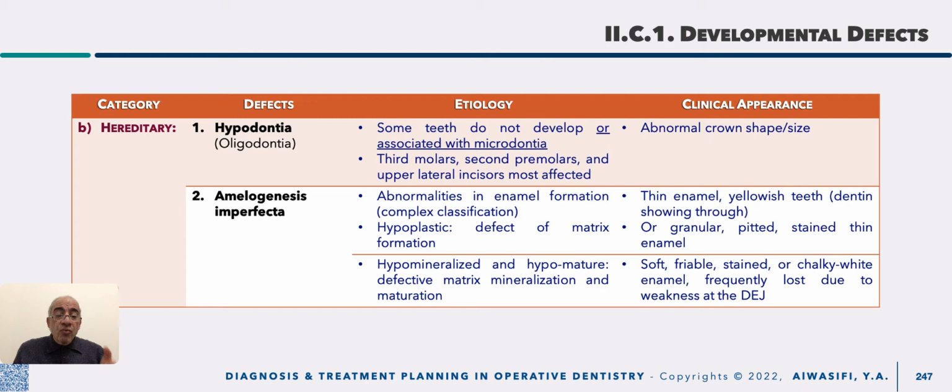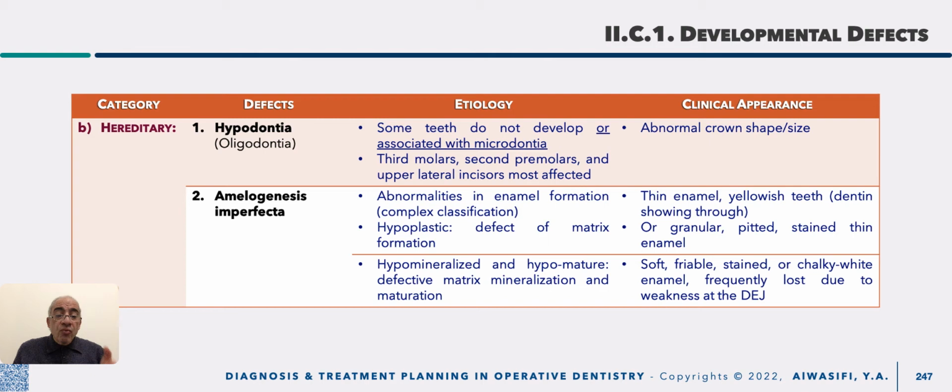For the case to be hypoplastic amelogenesis imperfecta, it appears as very thin enamel, with yellowish teeth due to dentine showing through. This is the difference between it and enamel hypoplasia. Enamel hypoplasia, which is acquired, is either a defect in mineralization or a defect in maturation also, but the difference here is the enamel is thin.